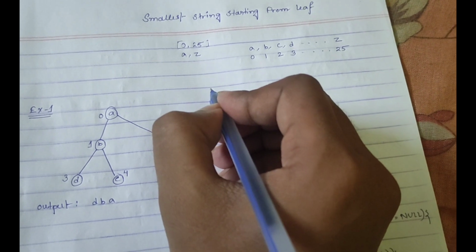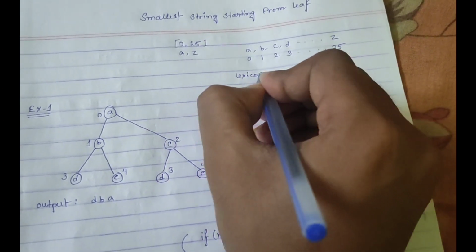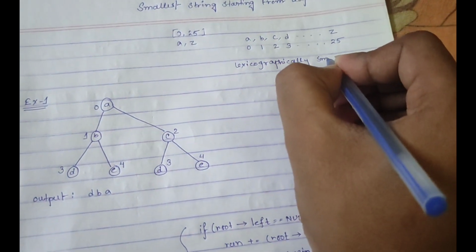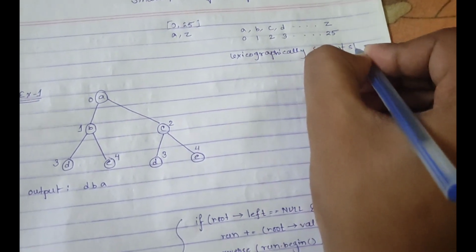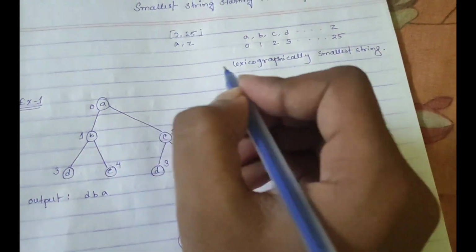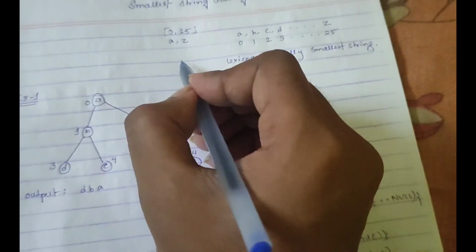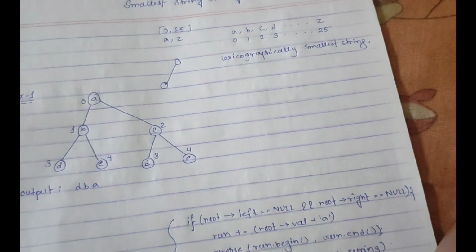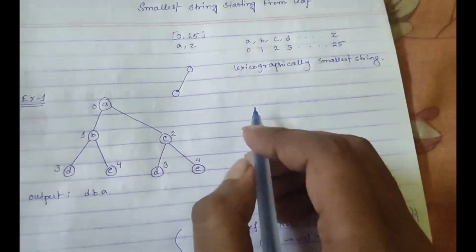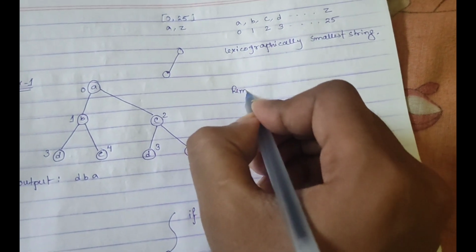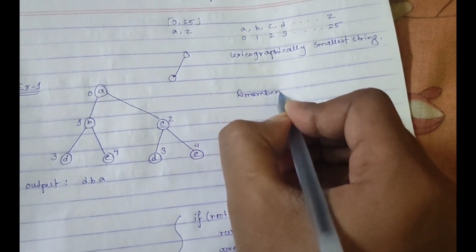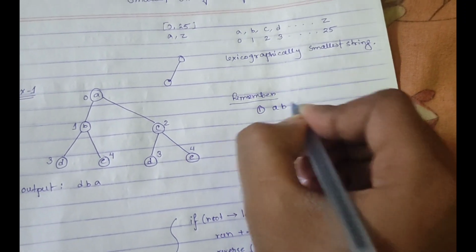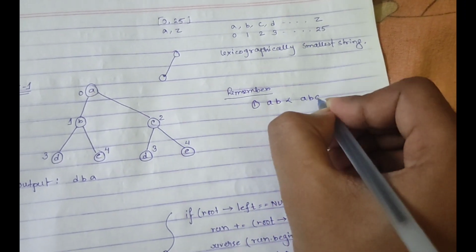And you have to return the lexicographically smallest string, starting from the leaf node till the root. Just remember one thing about lexicographic comparison: check AB against ABAB.